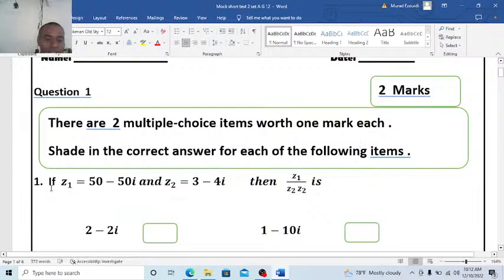Question one is: if Z1 equals 50 minus 50i and Z2 equals 3 minus 4i, then find Z1 over Z2 multiplied by the conjugate number Z2.